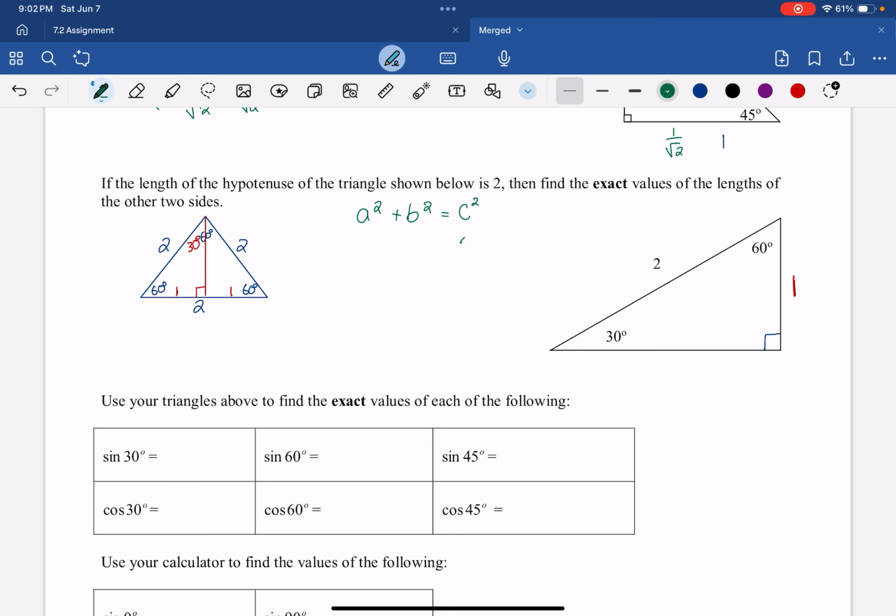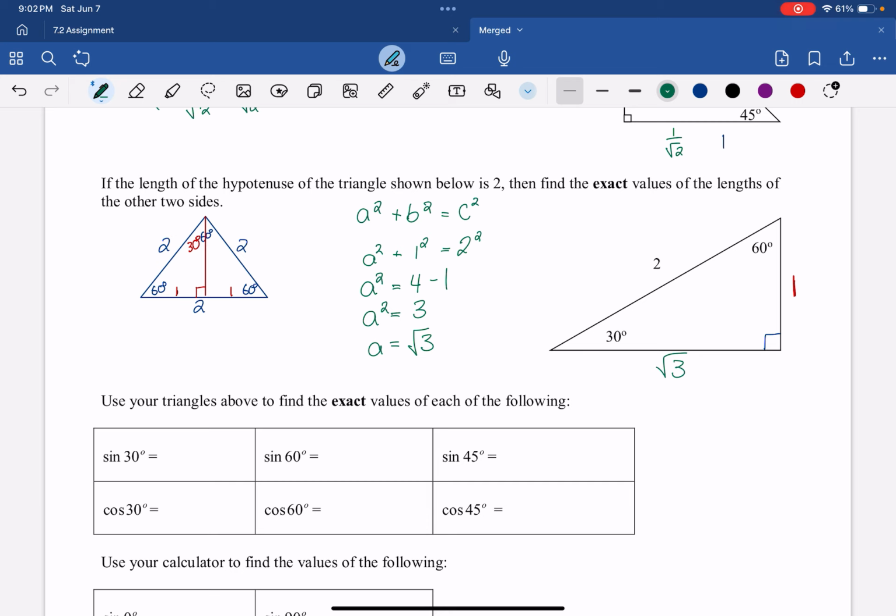I'm going to substitute in 2 squared equals 1 squared plus a squared. So I'd have a squared, subtract the 1, and 2 squared is 4. So a squared equals 3, so a is equal to root 3. That means this side length here is root 3.